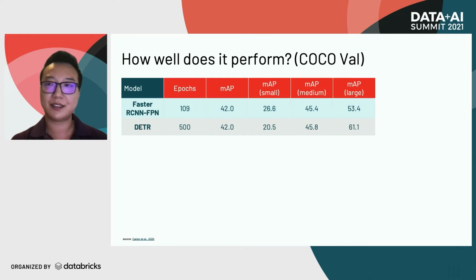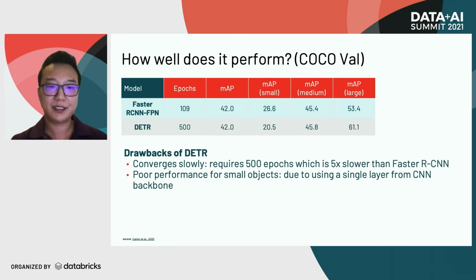So how well does DETR perform? Here I'm comparing the performance of DETR to Faster R-CNN, which is a pretty standard object detection network. You can see that DETR is able to match the performance of Faster R-CNN with respect to the mean average precision, but there are still certainly some drawbacks of DETR. In particular, DETR converges slowly.